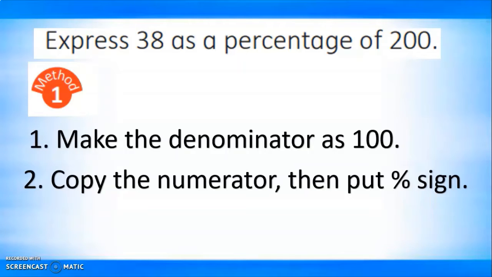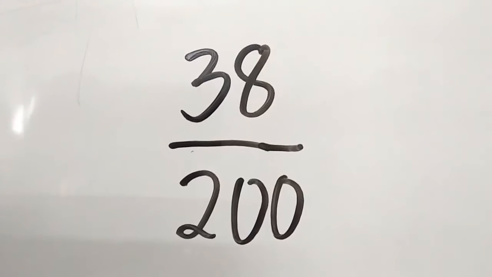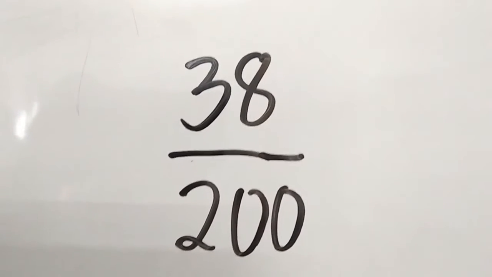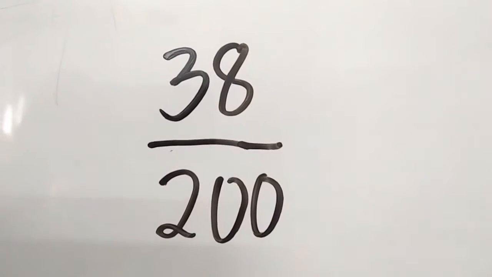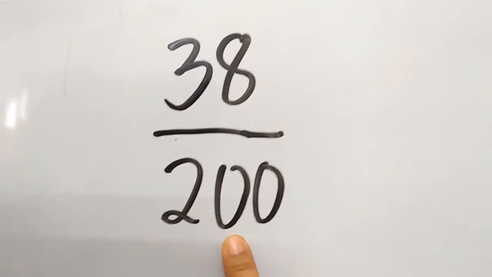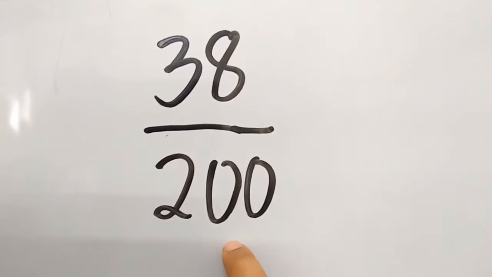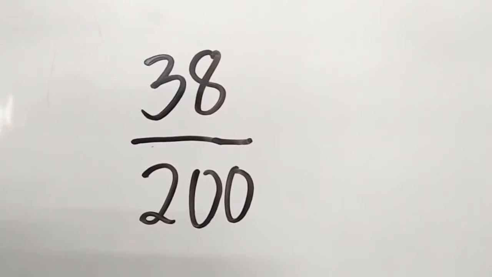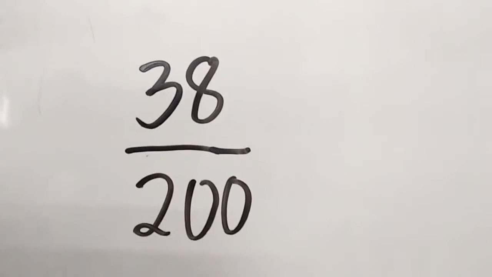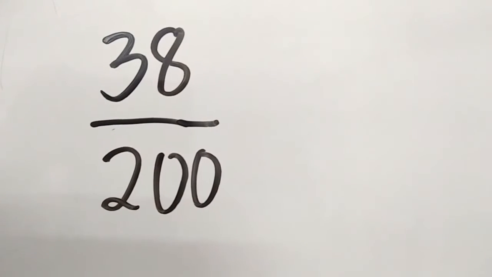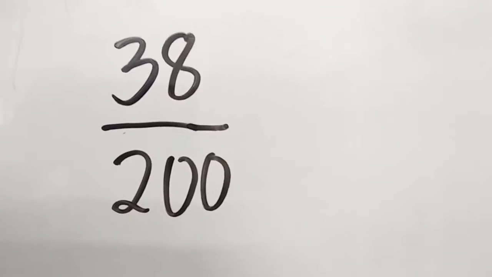I'll show you this first method. So it will be 38 over 200. As you can see, the denominator is 200. So we must make the denominator equal to 100 so that we can make it into percentage.